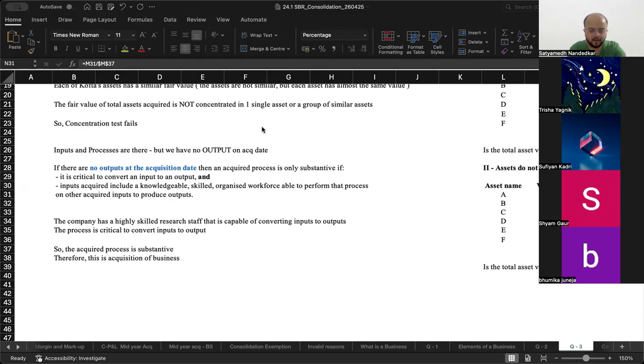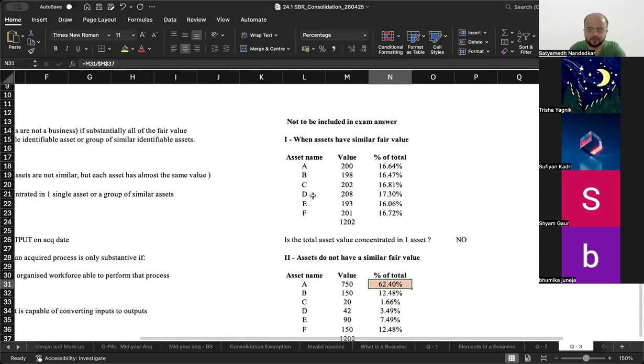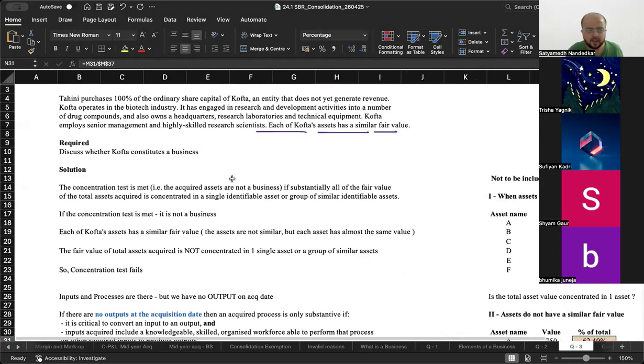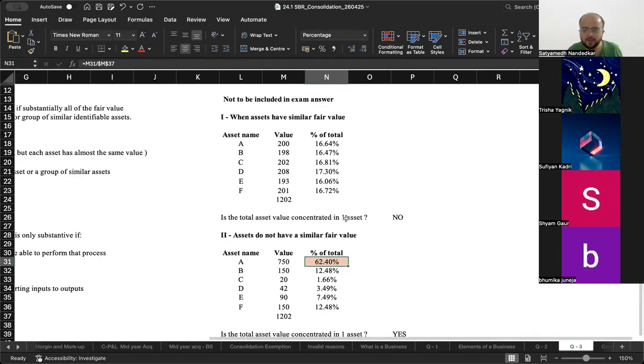ठीक है, अब ना, this is not to be included in the answer, but यहाँ पे ये जो लिखा था ना, each of Kofta's assets has a similar fair value, उसका implication क्या है?